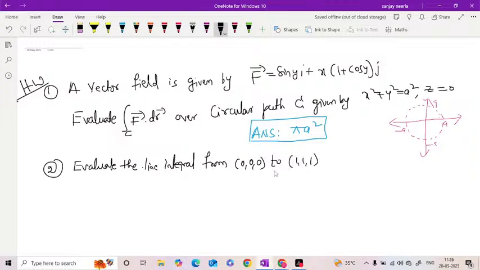The previous problems had paths related only to 2D, and this problem is a 3D problem.